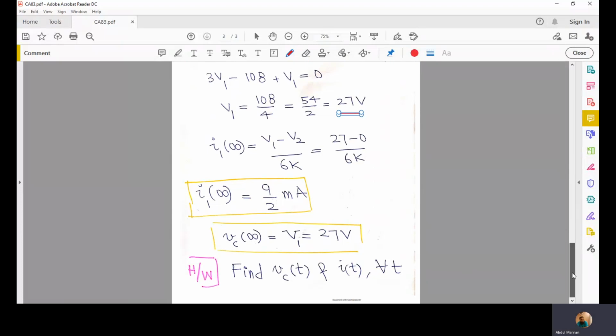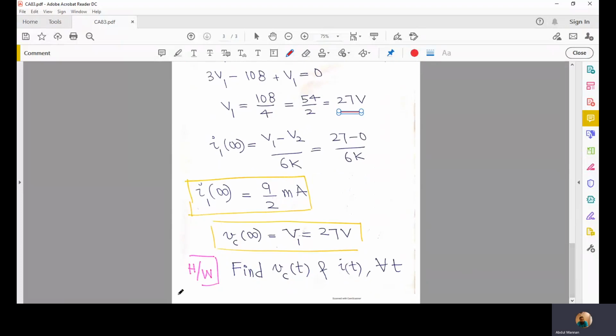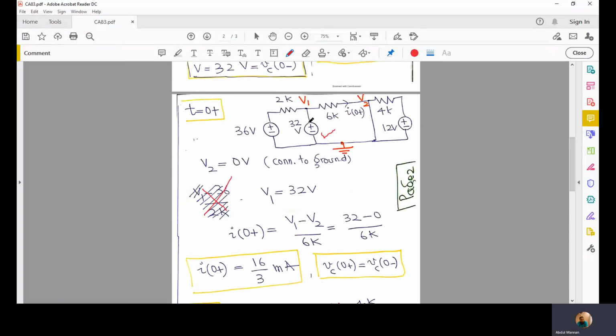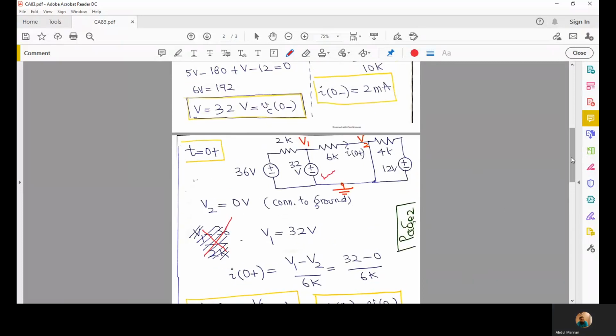But before the next lecture, I want my students to solve the circuit for Vc of t and I of t for all t. What you have to do is replace this source with a capacitor, then write nodal equations for V1 and V2, and compute the current in this branch, which would involve C dV by dt.